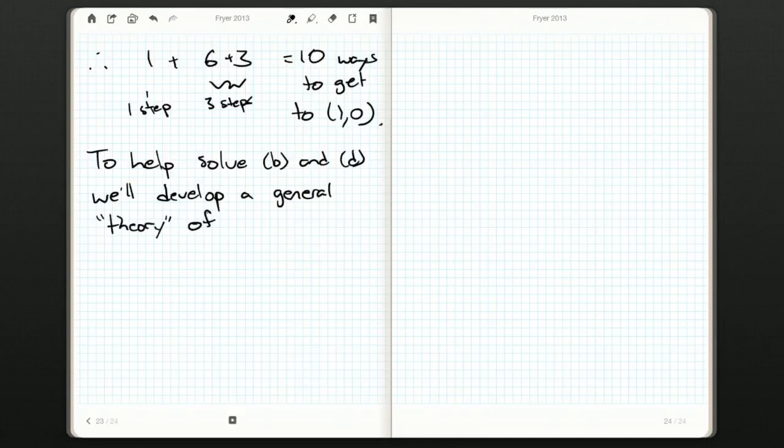So theory just means sort of idea, guess, but we're going to show that this should be right.